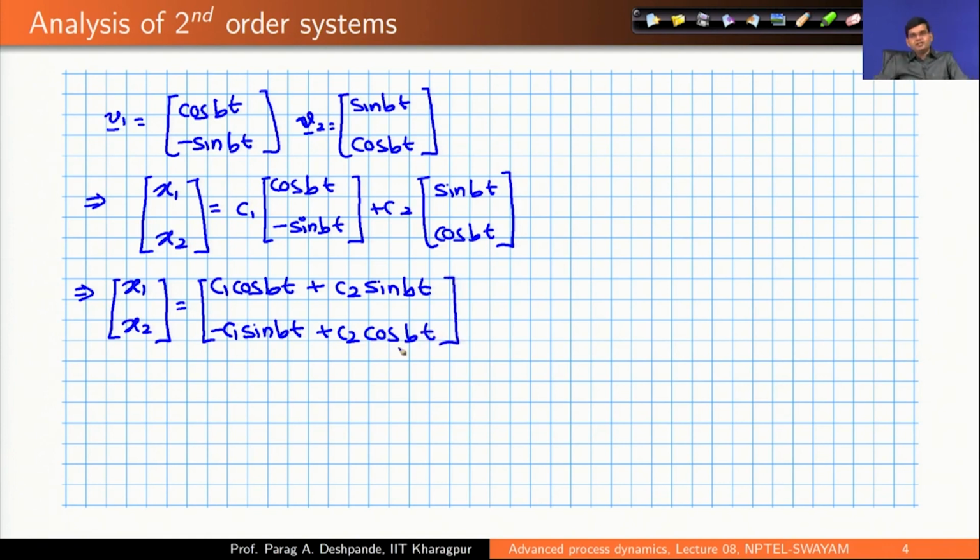And now, I would be interested in knowing the behavior of x 1 and x 2 when they are given by this equation, right.